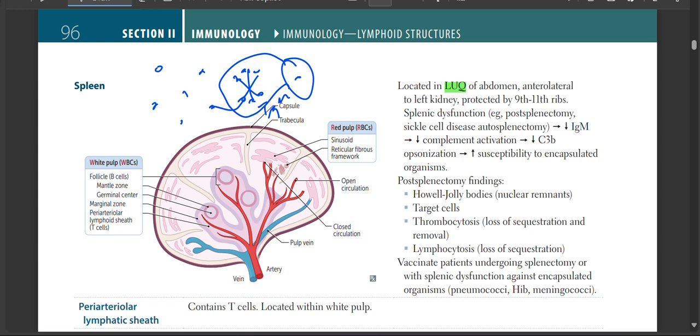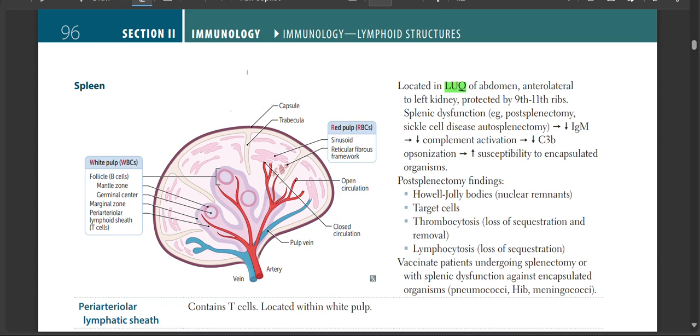This entire process, where the antibody traps multiple bacteria and then allows the phagocyte to consume them, is called opsonization. Opsonization is bringing all of the bacteria together.